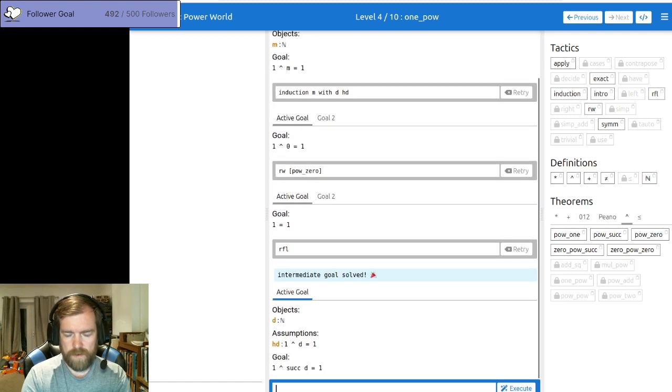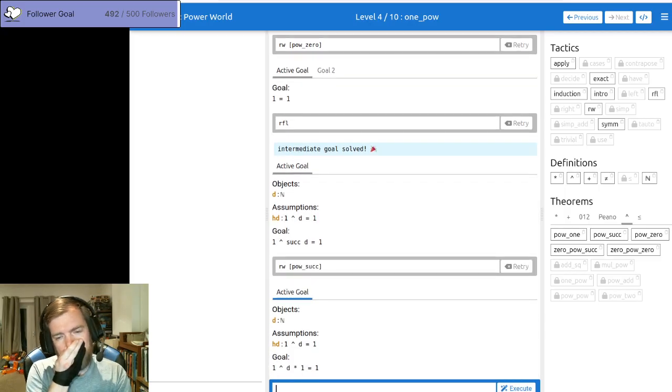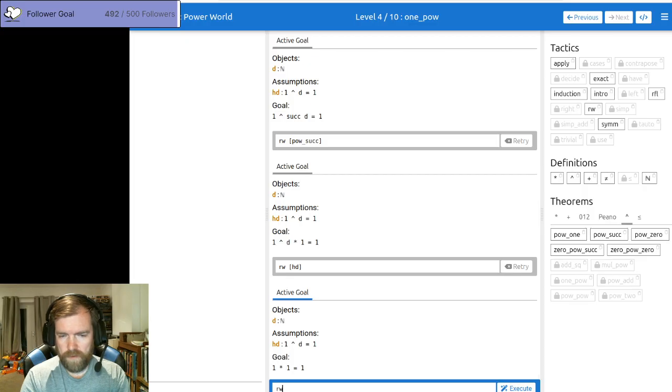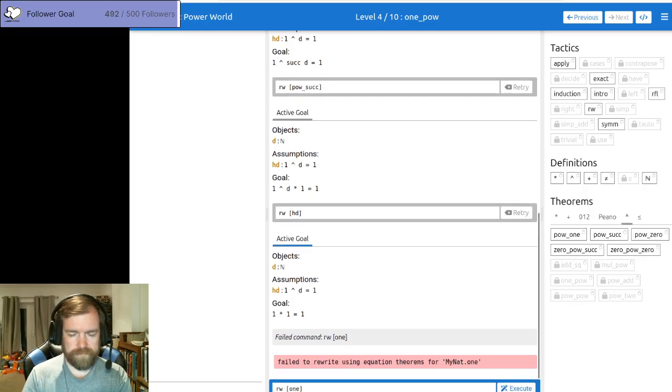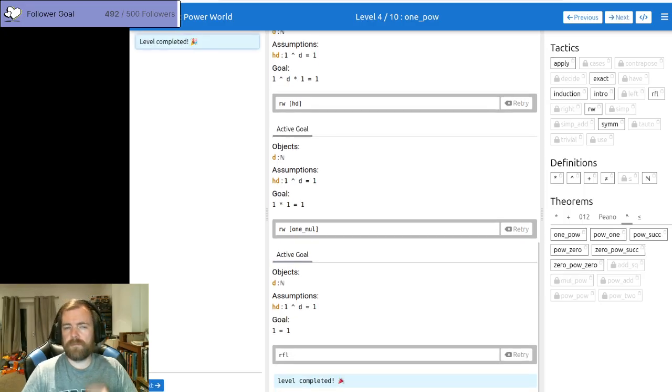Reflexive. Okay, so 1 is raised to a successor, so here we can say that we want to rewrite succ, and rewrite hd. Rewrite, nope. 1 mul. And reflexive. Cool.